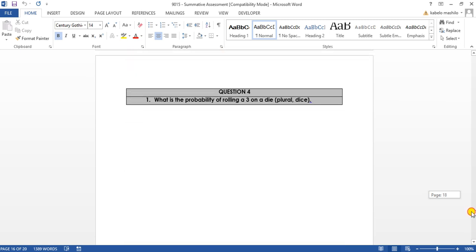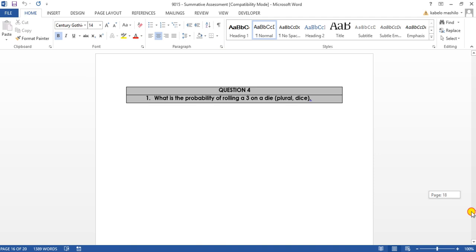Question 4, what is the probability of rolling a 3 on a die, plural dice? So if you're rolling a die 3 times, that's what they simply mean. So you use what we have done, probability of an event that we have done 3 times, using those rules of probability, rule 1 and rule 2. So if I roll the dice, what will be the outcome of the first one?